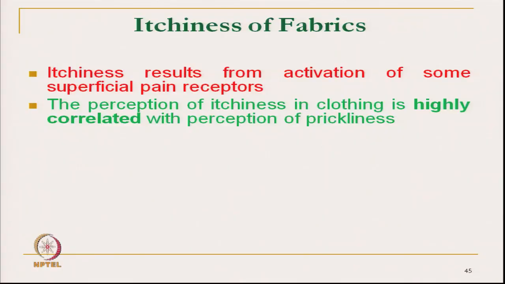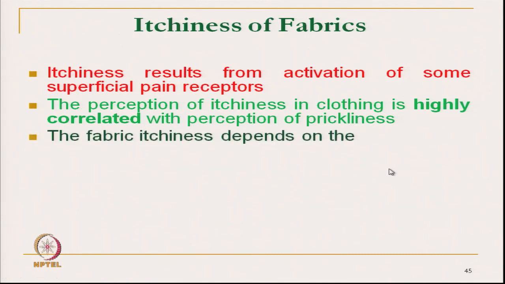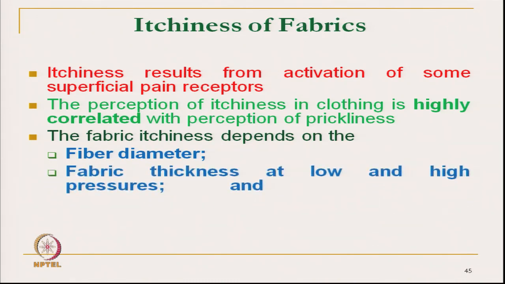These are highly correlated with the prickliness sensation, and the fabric itchiness depends on the fiber diameter, as prickliness also depends on this, and the fabric thickness at low and high pressure, that means it is compressibility. It depends on the compressibility and fabric surface roughness also. So, a rough surface will give higher itchiness.